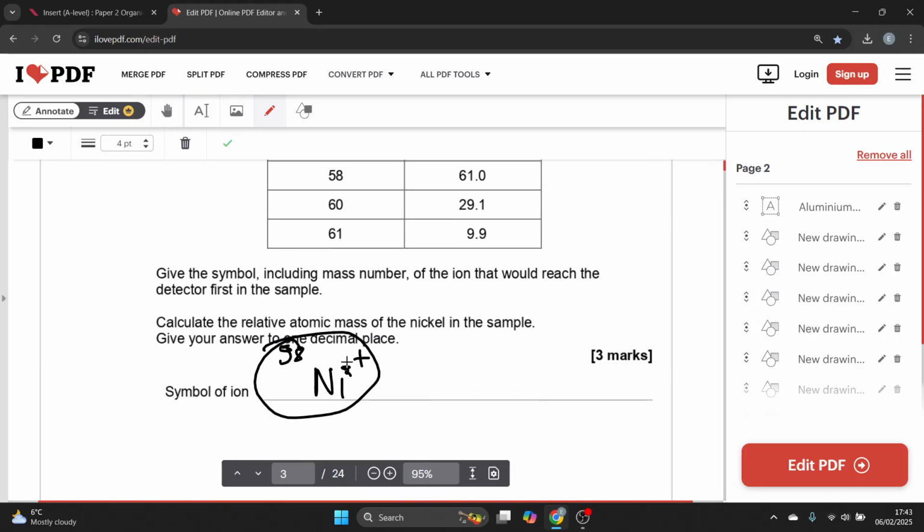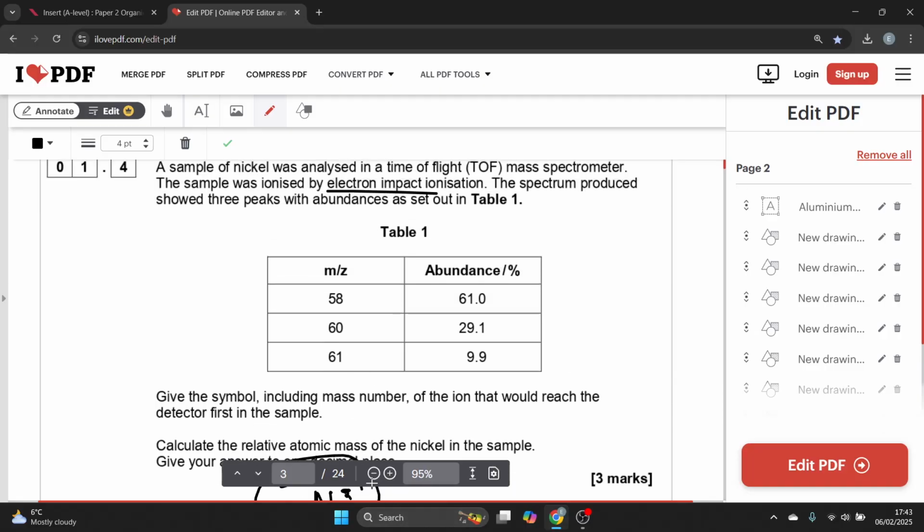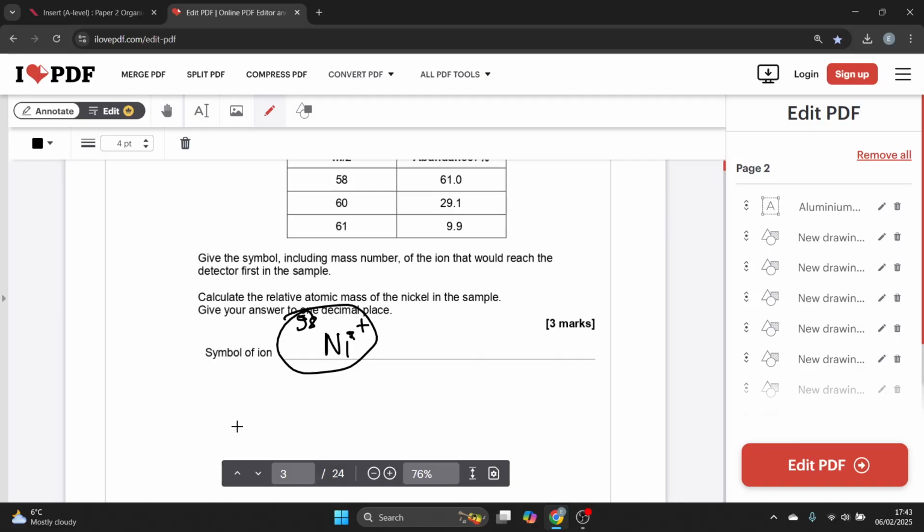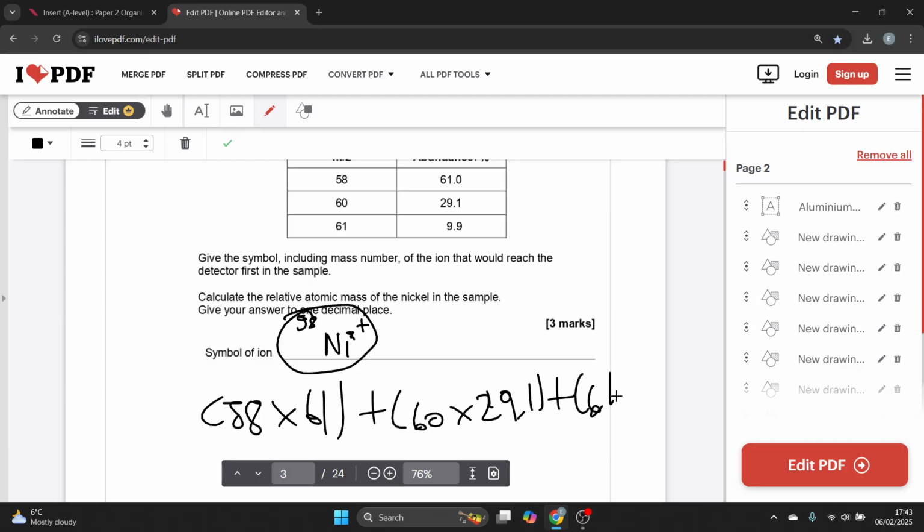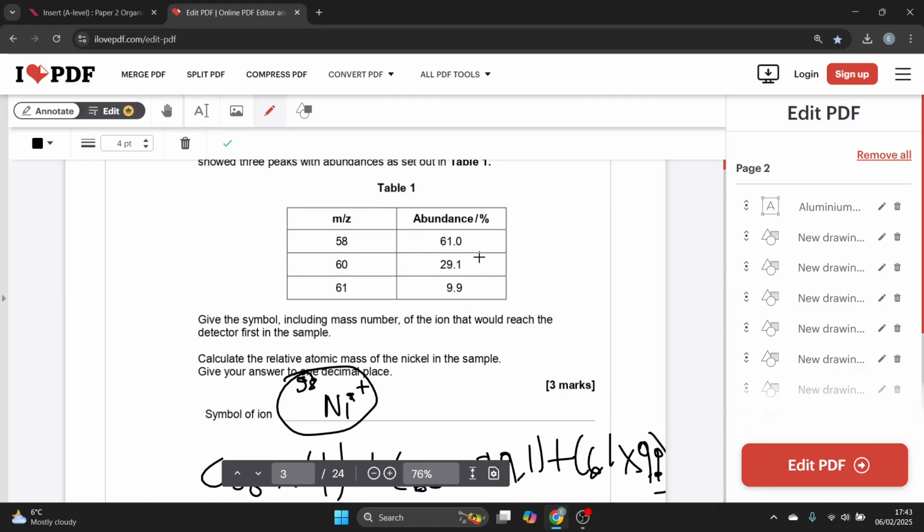Calculate the relative atomic mass of the nickel. So all I'm going to have to do here is 58 times 61 plus 60 times 29.1 plus 61 times 9.9, and I would always double check on my calculator to see if this adds up to 100, but I can already see in this case it does, because 61.0 plus 9 will give me 70, and then 70 plus 29.1 would give me 100.